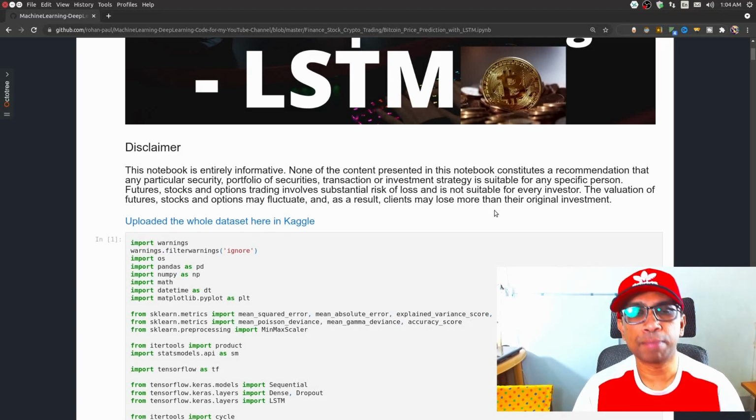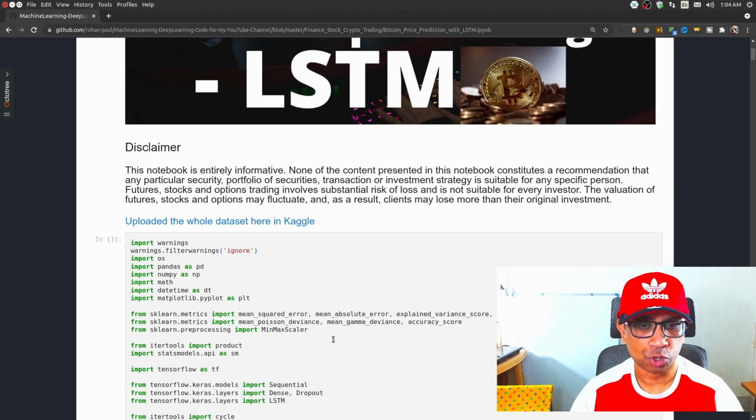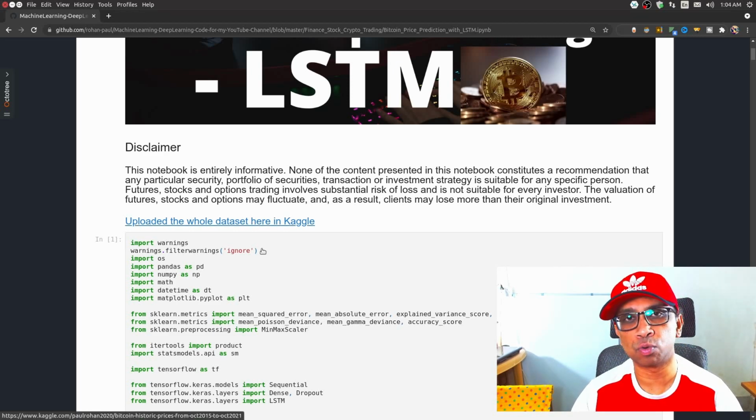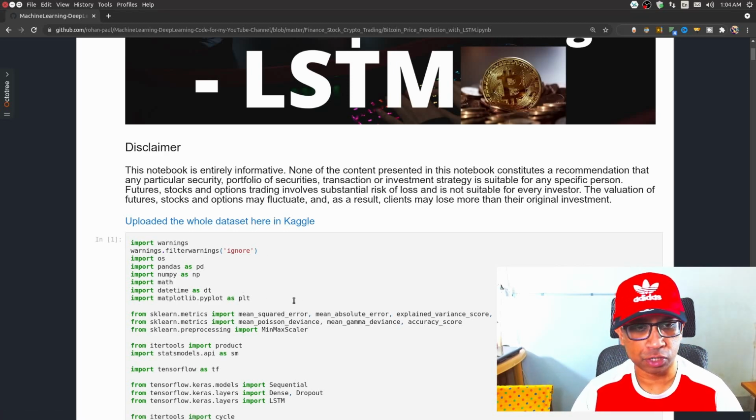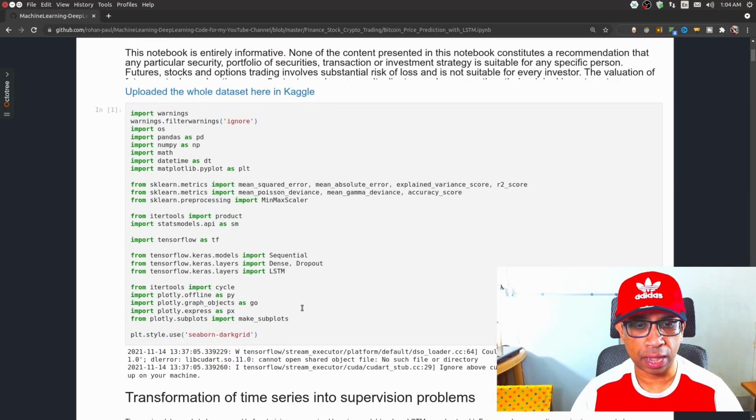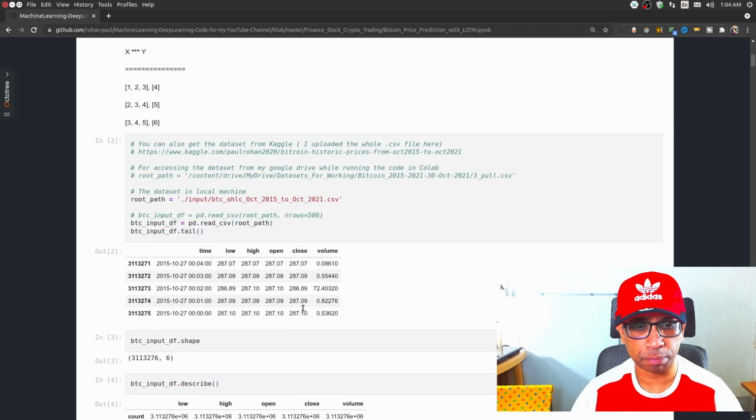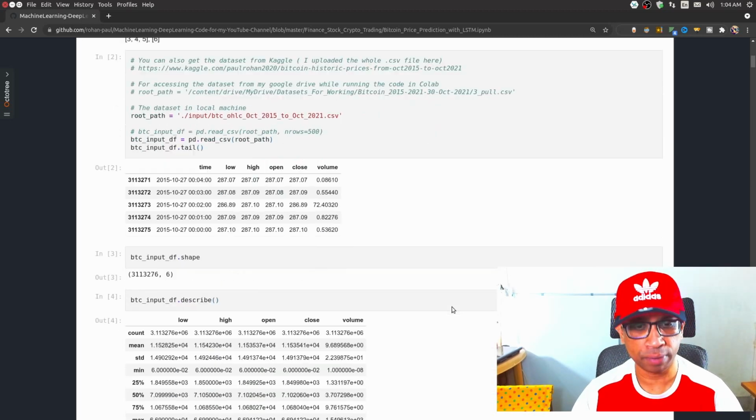First, let's quickly recap what we did in the previous video, and then we'll start off with this one. So in the previous video, this is a GitHub code that I'm referring to. We had the historical Bitcoin prices from 27th October 2015 up to 30th October 2021.